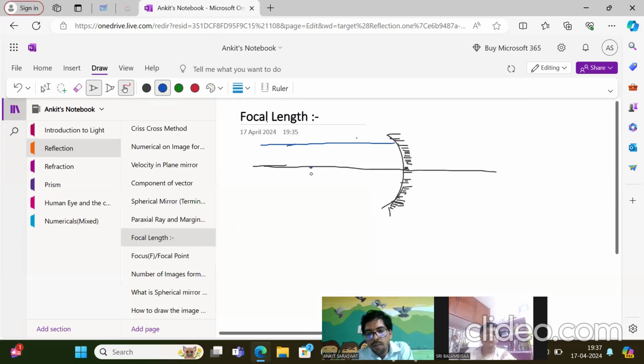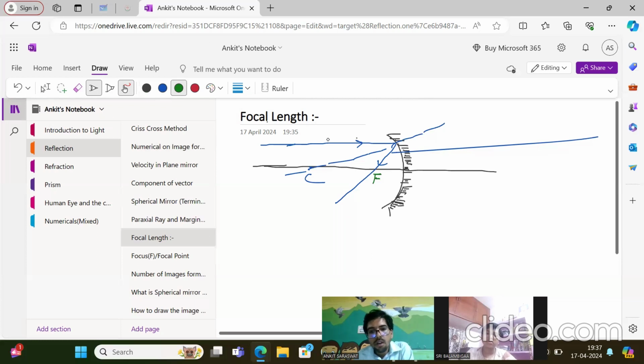And this is the center of curvature. You will draw one normal. And this will go like this. This is known as focus.